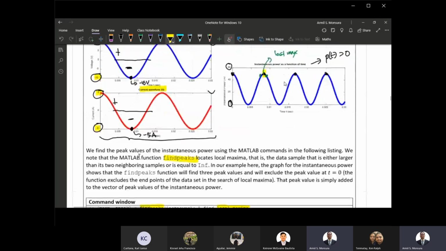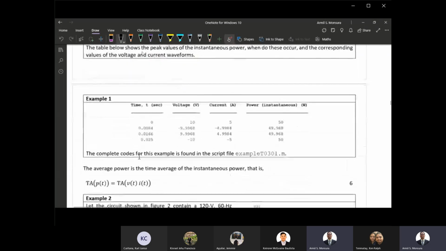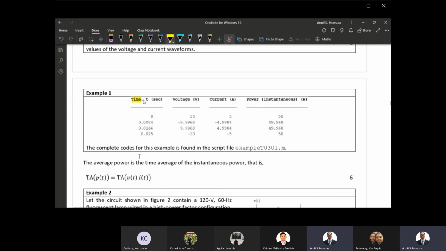Okay, kaya lang, ang find peaks excludes yung dulot-dulo. Okay, this one, the find peaks function excludes the endpoints in the search. Okay, so obviously here kasi itong part na to or itong point na to is a local maxima also. So that is why sinama natin siya. Okay, so these are the times, and these are the maximum values of power that your voltage and current waveform will produce.